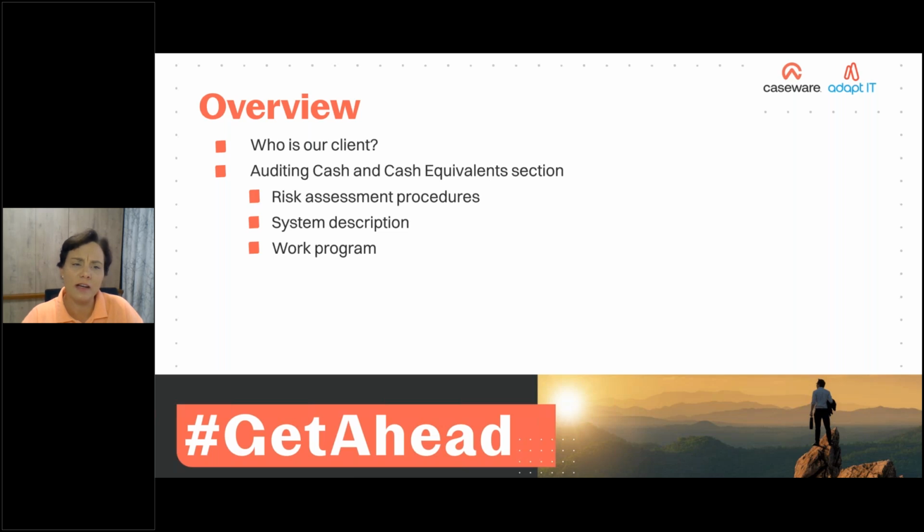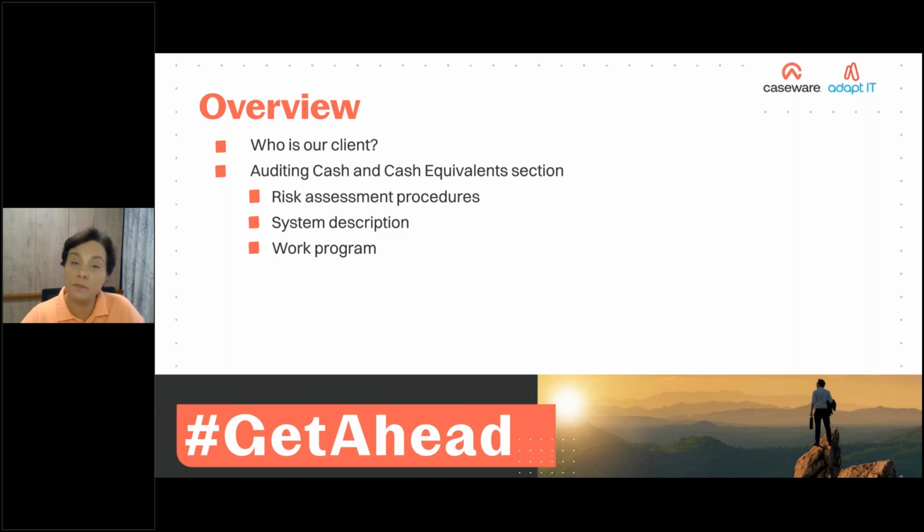All right, so we're going to look at who's our client and then audit the actual section. And I want us to really take a section the way you would do it in an audit. So we're going to start looking at the risk assessment procedures that were done, where they are documented, how you can either start documenting it.